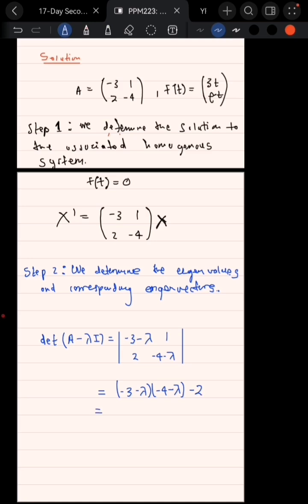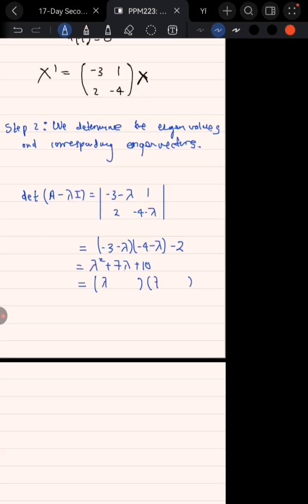This gives us lambda squared plus 7 lambda plus 10. This will be (lambda plus 5)(lambda plus 2). Therefore, our eigenvalues will be -2 and -5.